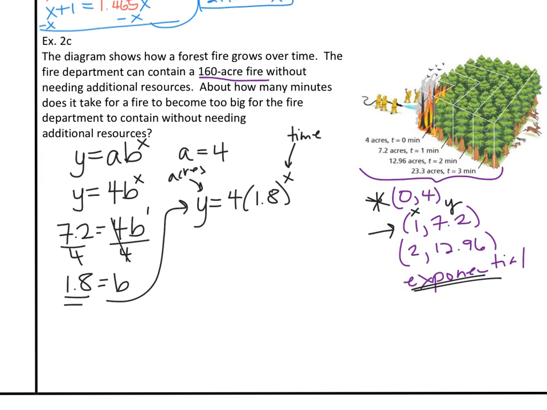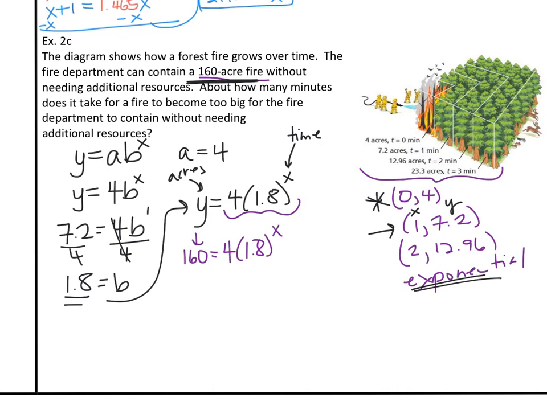We were asked to determine how long it would take for the fire department to not be able to contain the fire, meaning how long will it take to get to that 160 acre value. That means we're going to plug in 160 for y, and then we have to work backwards. If I set that equal to the formula on the right, that'd be 4 times 1.8 to the x power.